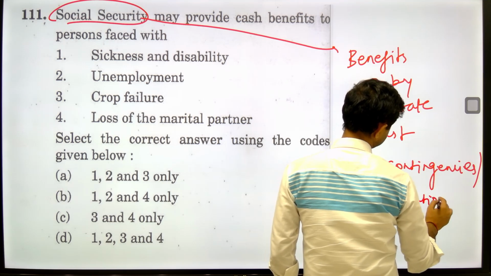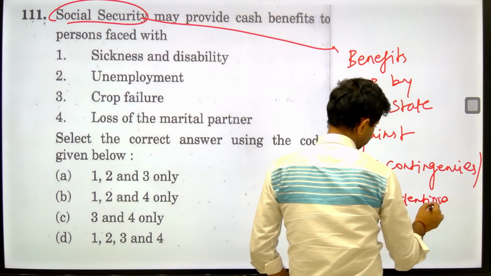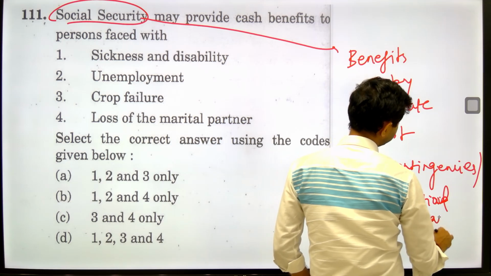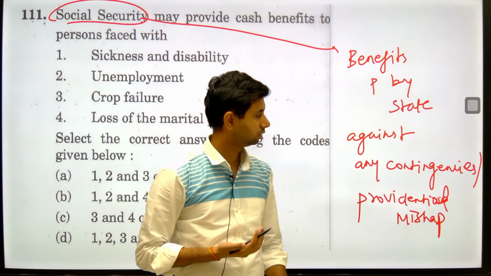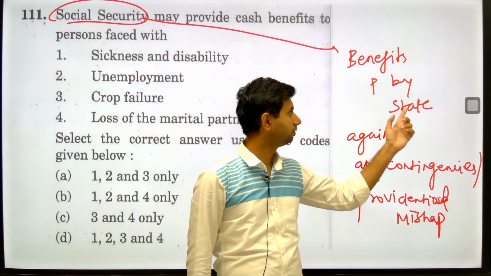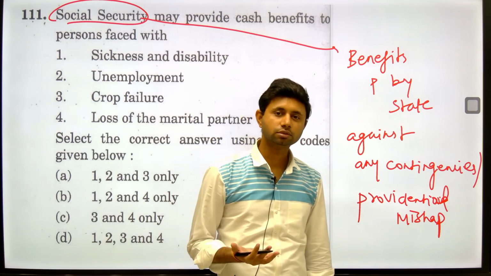Providential mishappening upon which people don't have any control. So against these contingencies, if there are benefits provided by the state, these are known as Social Security.